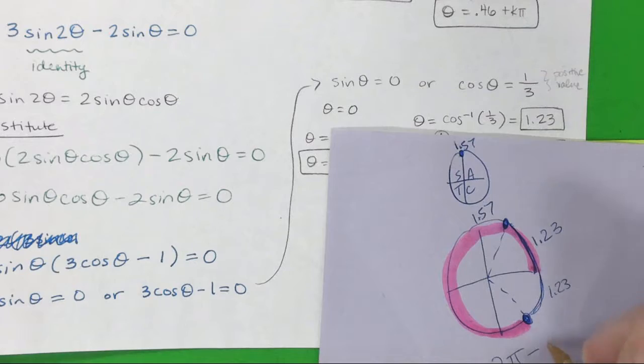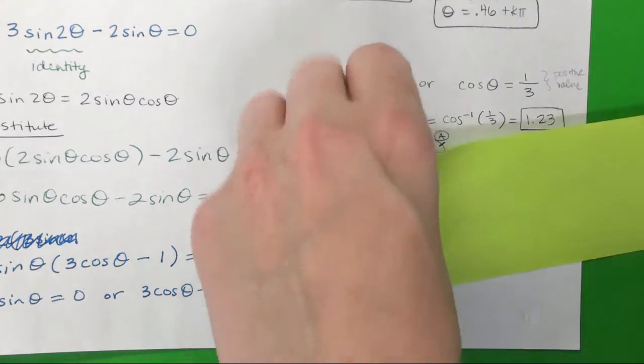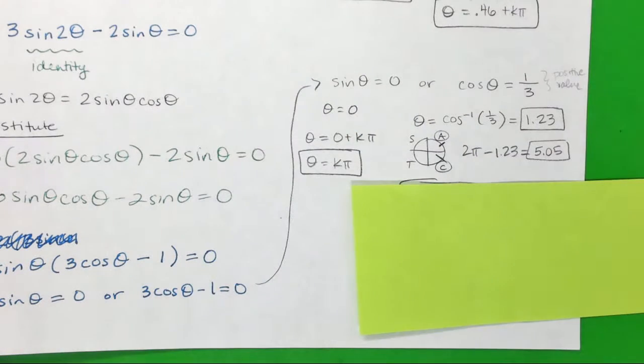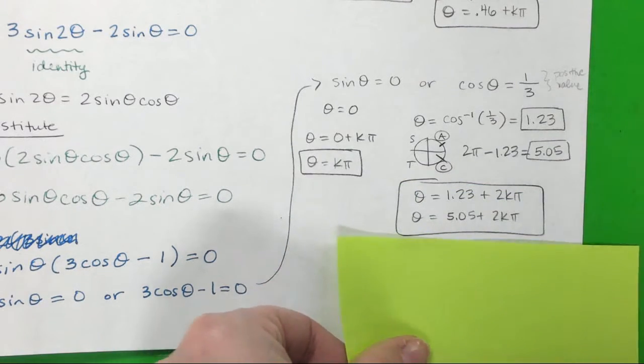Good. 2 pi minus the theta value, which is 1.23, and then I will find my other value, okay, which is 5.05. So for these, when I'm writing my solutions, am I going to write plus 2 pi k or plus k pi? Plus 2 pi k. Plus 2 pi k, or, yeah, 2k pi, either one.